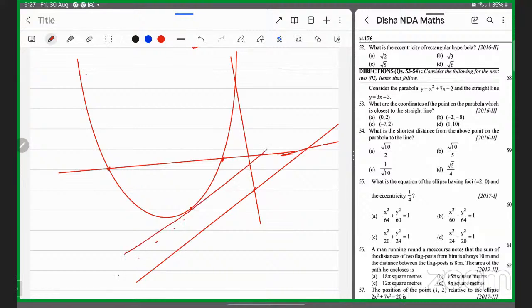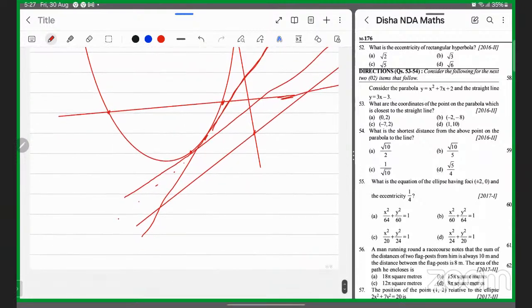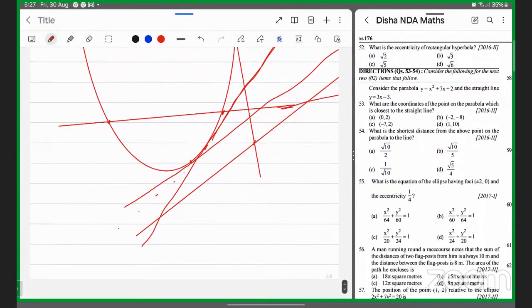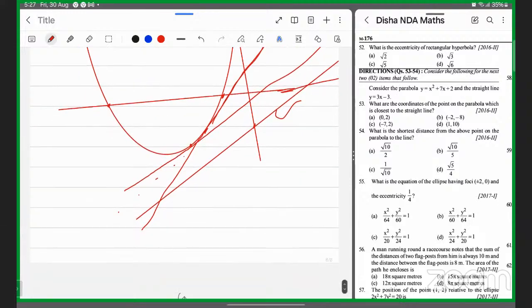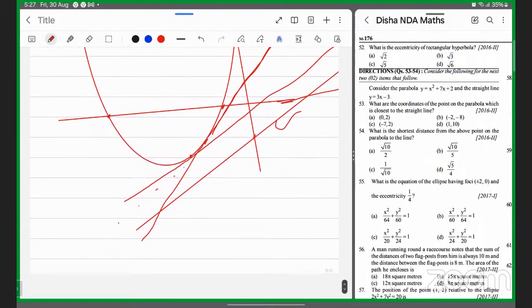Maybe this will go like that, or maybe this will go like that. So this will not be parallel. This can be intersecting, right? So the given line is not parallel to the tangents at the point where I'm finding the shortest distance. So this is not the concept. Understood? Any problem?